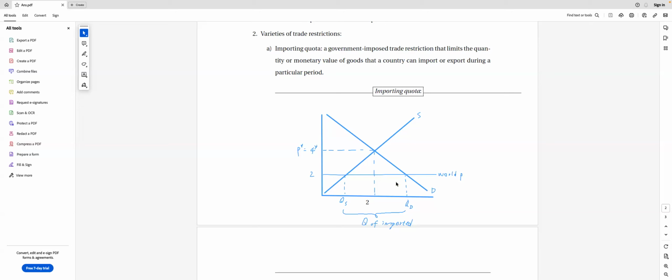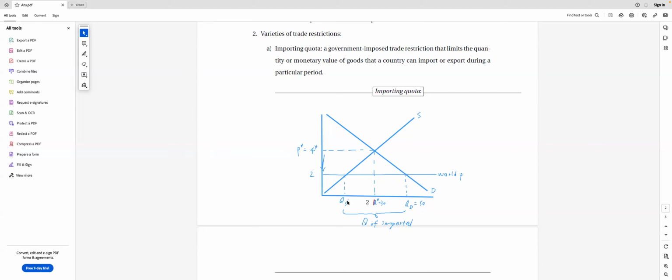So where is the quota? Okay, let's add some labels, some numbers. Maybe it's better. Initially we consume 30 units. When the price has been lowered to $2, American students consume, let's say, 50 units.